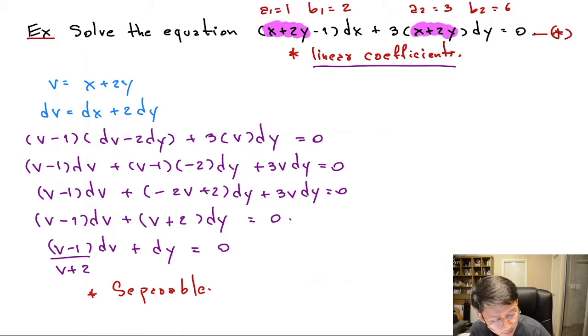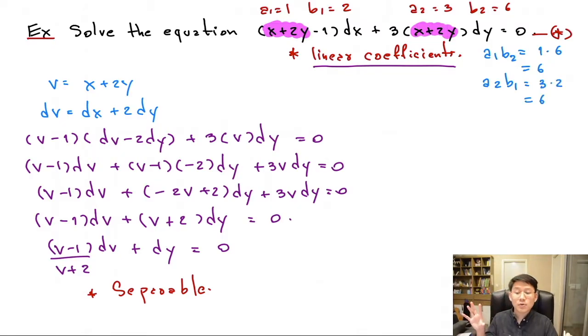So a1 b2 would be 1 times 6, which is 6, and a2 b1 would be 3 times 2, which is 6.